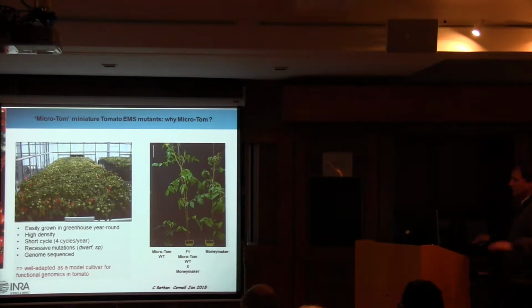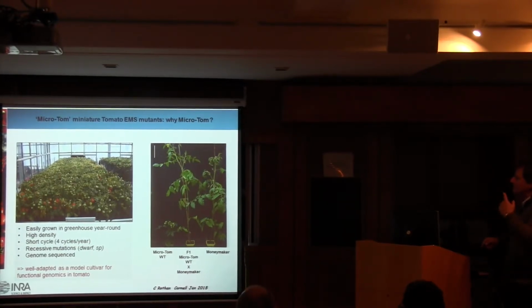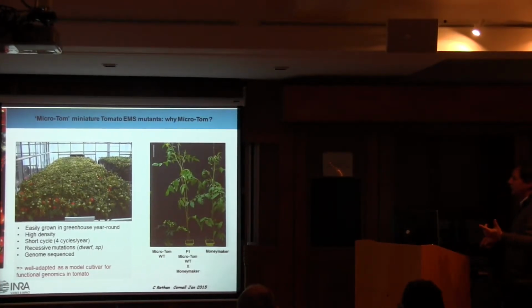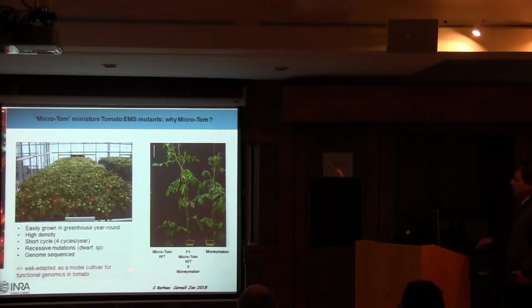One is dwarf, which affects brassinosteroid synthesis, not in the fruit but in the vegetative tissues of the plant, and the SP mutation, which controls determinate growth. The genome has been sequenced recently, so it is quite well adapted as a model cultivar for functional genomics in tomato.